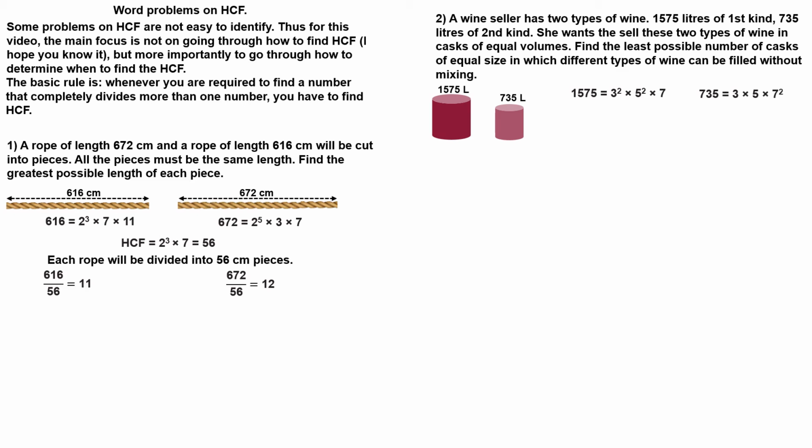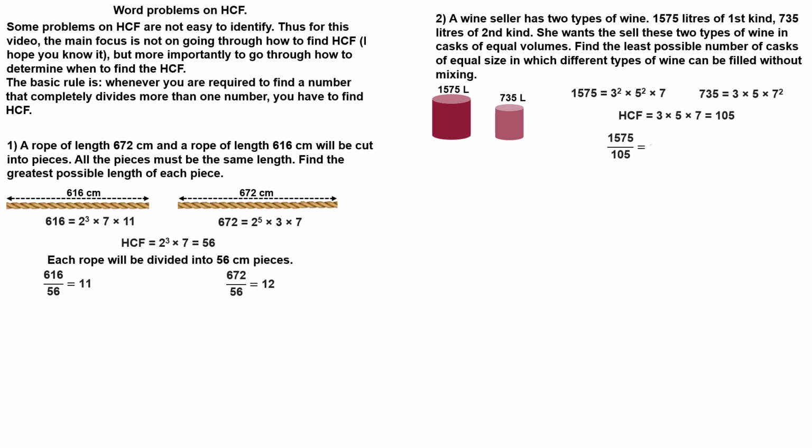1575 and 735. Therefore, we must find the highest common factor. Each cask must be 105 liters. Now we divide the volume of each type of wine by 105.